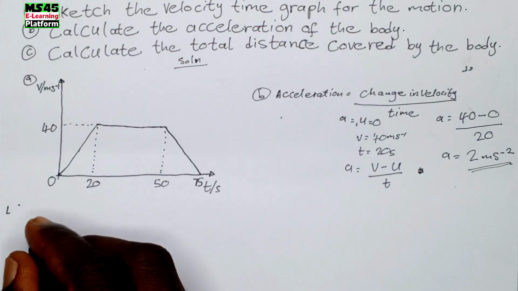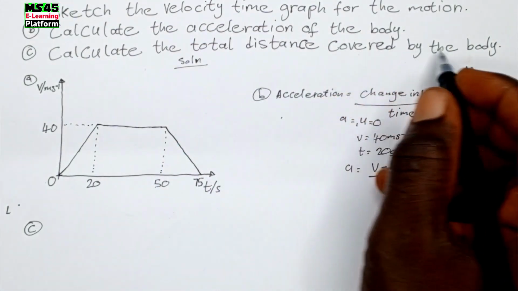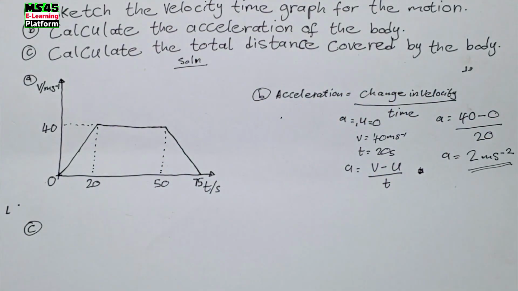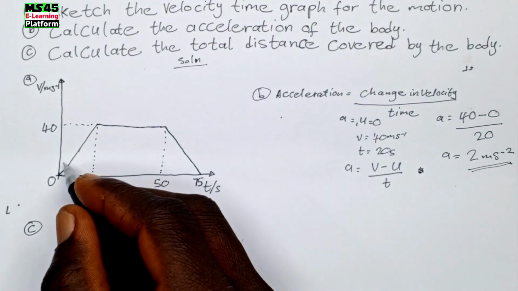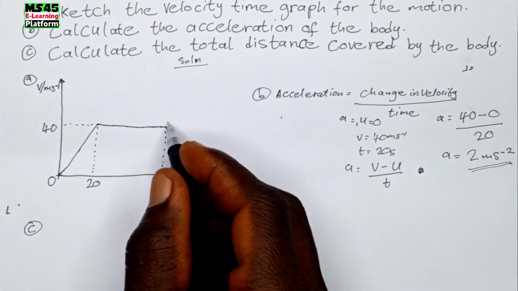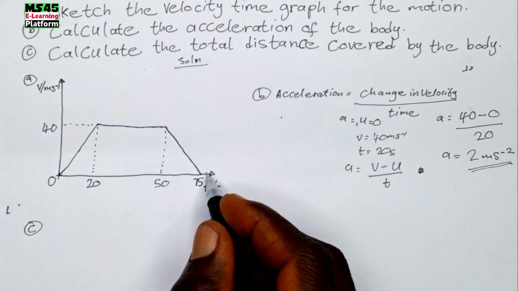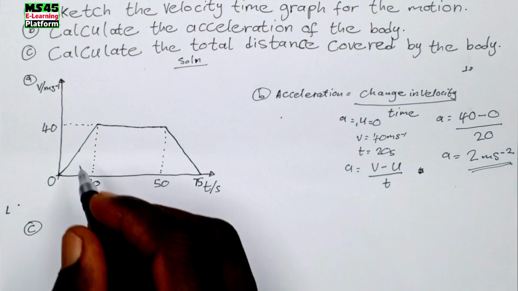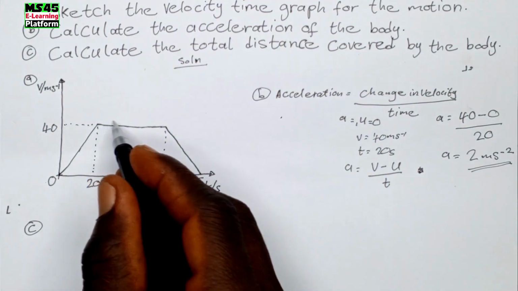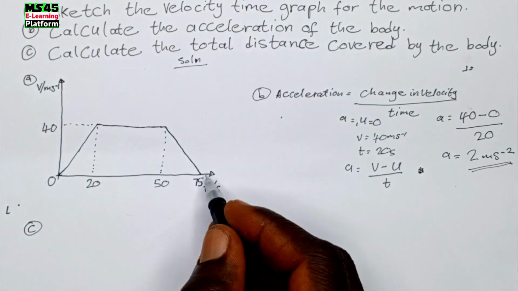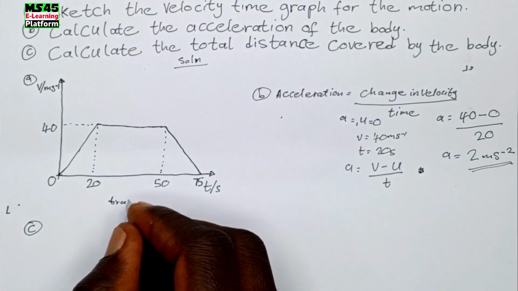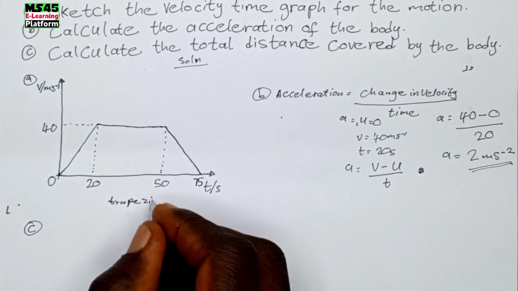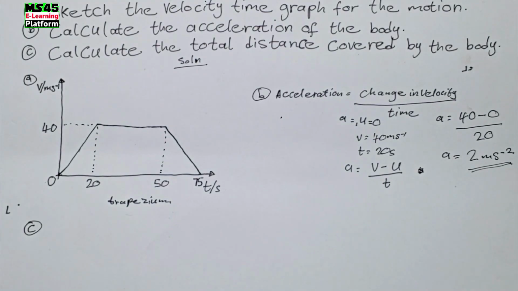So C, calculate the total distance covered by the body. Please listen attentively. You see that the path of the moving body has formed one particular shape over here, that is a trapezium shape.